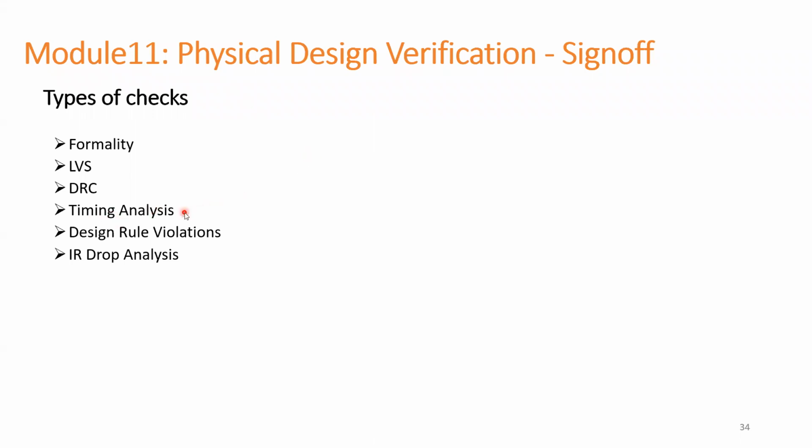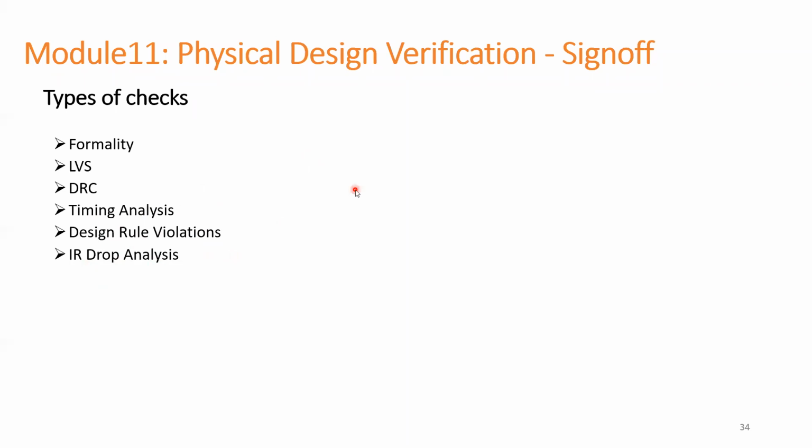In sign off, the STA team will do timing analysis and DRVs. DRVs means design rule violations: max tran, max cap, and min pulse width, max transition. As a part of sign off, we also have to do IR drop analysis.